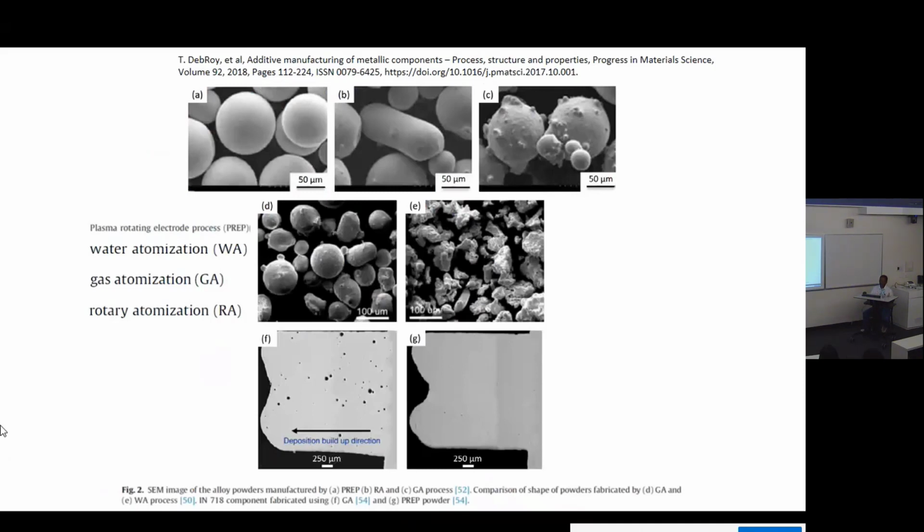And if you have ceramic powders, they will most likely float out in a melted pool, whereas cold spray can include them, because it's completely in solid state, and they can be captured in the cold spray process.